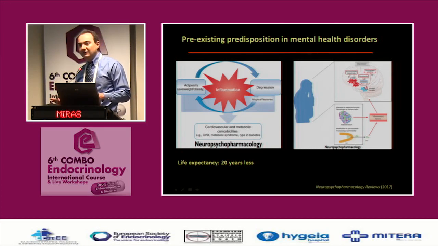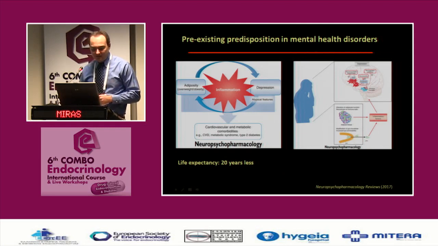So giving them their antipsychotics would just make an already bad situation, a predisposition, worse. We unmask it. We know that these patients smoke a lot, even before they are given antipsychotics, and their energy expenditure, their physical activity, is pretty low.